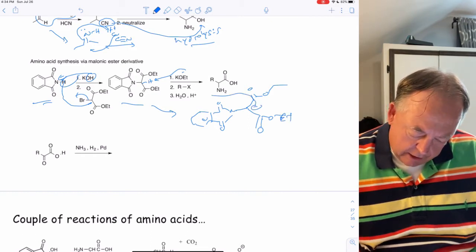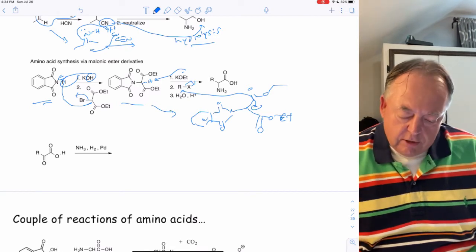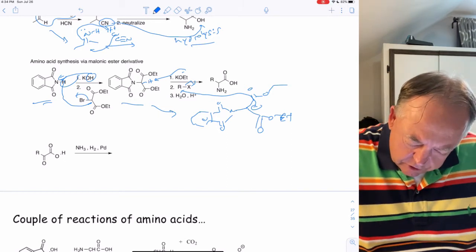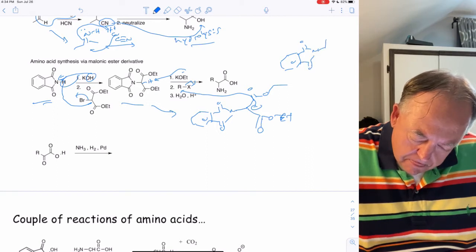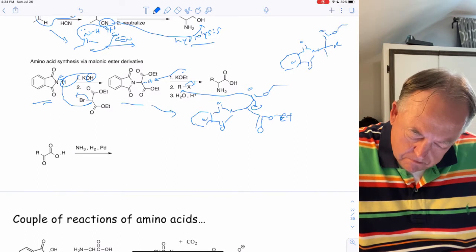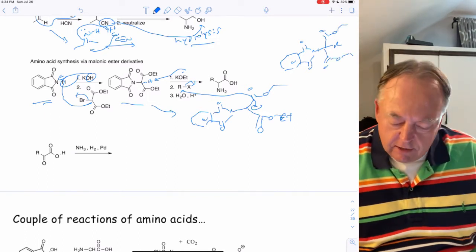Right, and then that can react here to do an SN2. Then you can do hydrolysis and decarboxylation. At that point you would have that. So now you do hydrolysis.